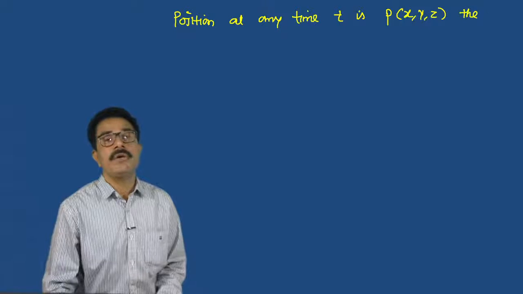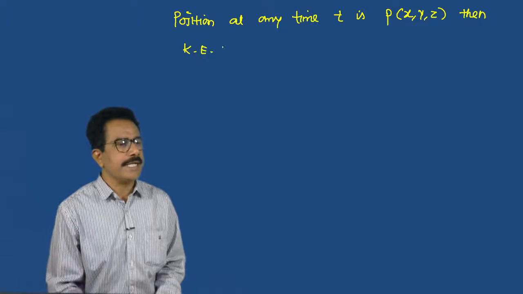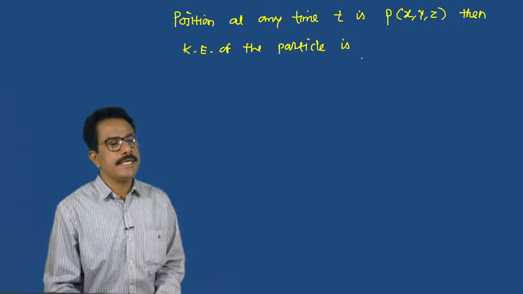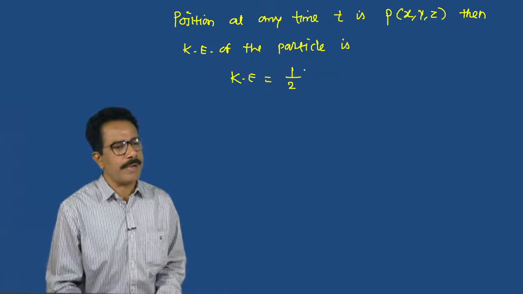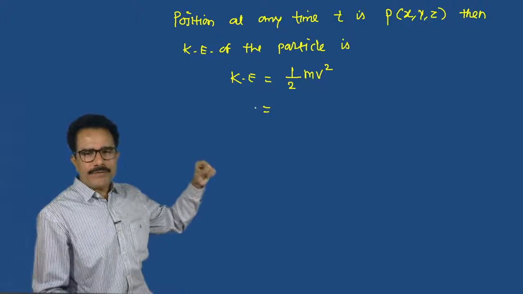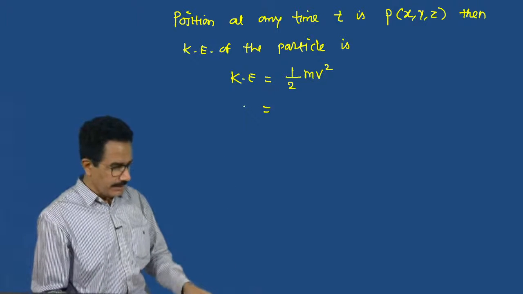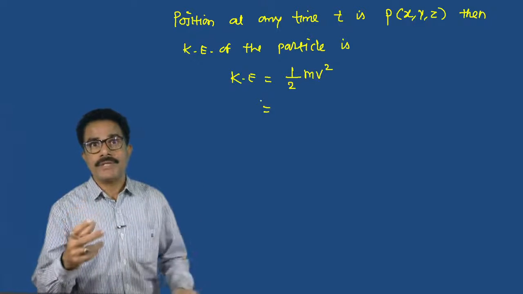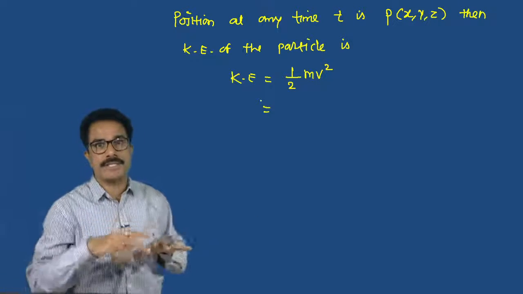Then we know that the kinetic energy of the particle is 1 by 2 mv square. But the velocity of the particle in the generalized coordinates, that is along the x-axis, y-axis, z-axis, these are the variables, so its velocity is the rate of change of displacement along the x, y, z axes.